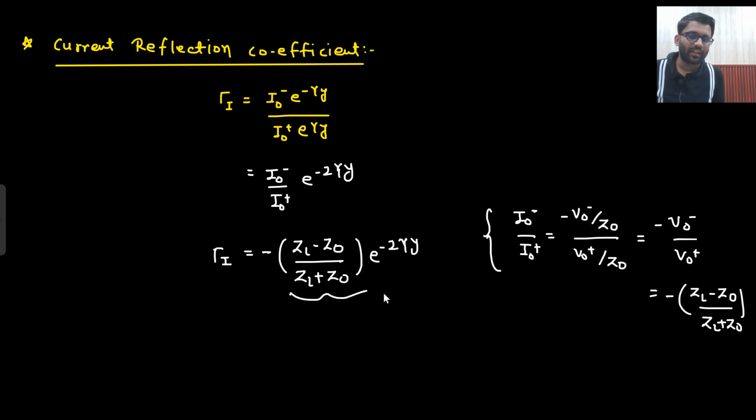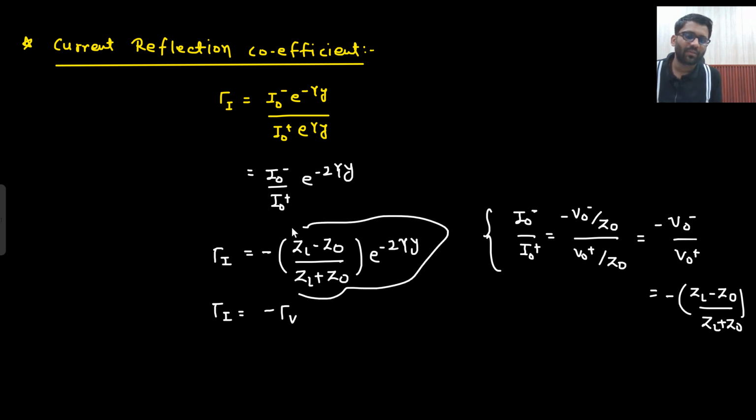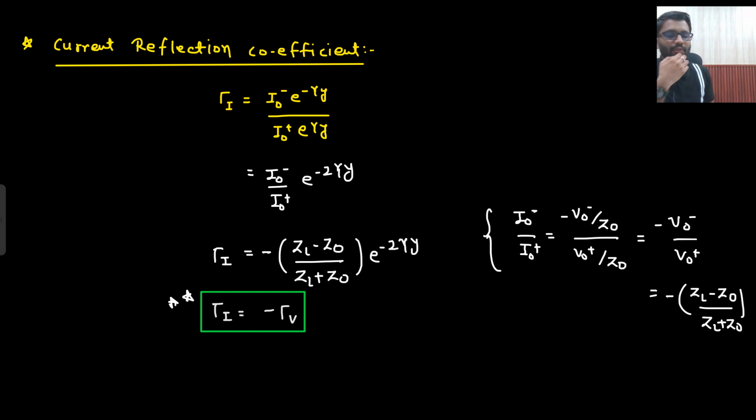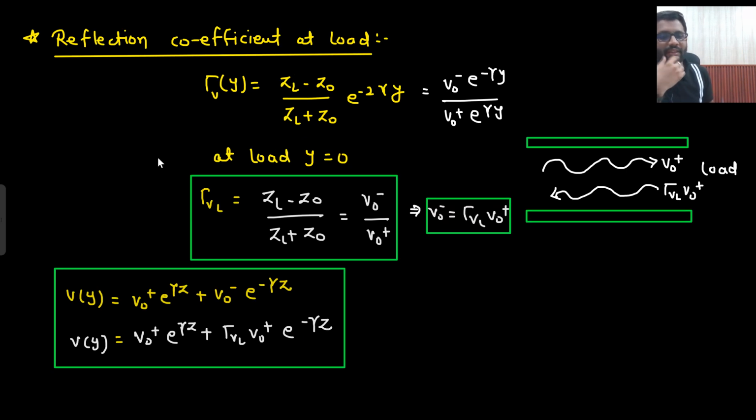So gamma I is the negative of gamma v, right? Because this is your gamma v. So negative of gamma v. That's it. So we will always remember the formula of gamma v.